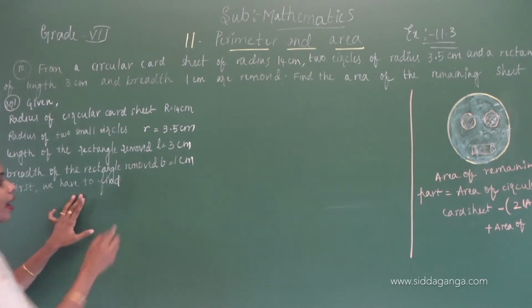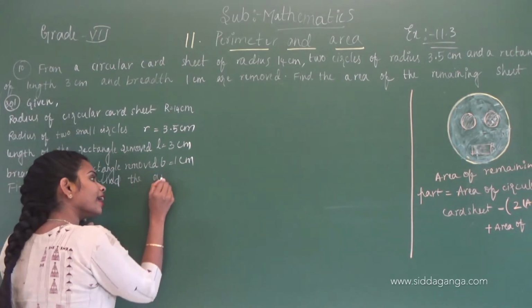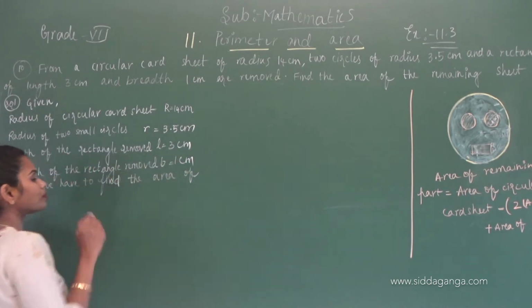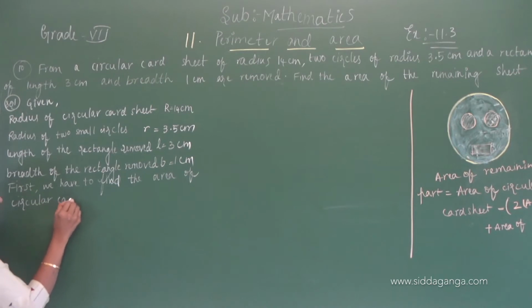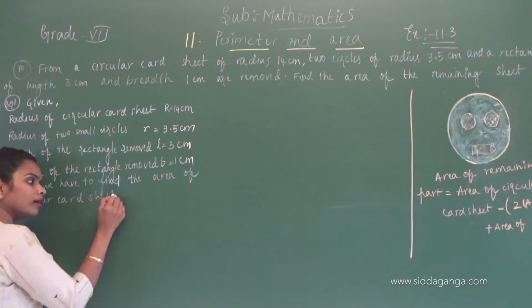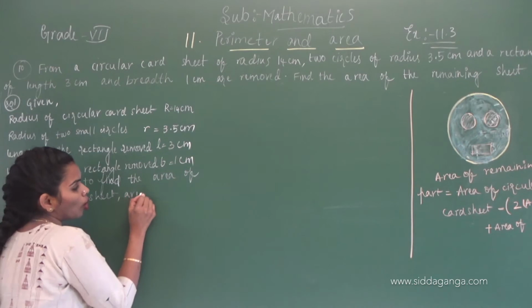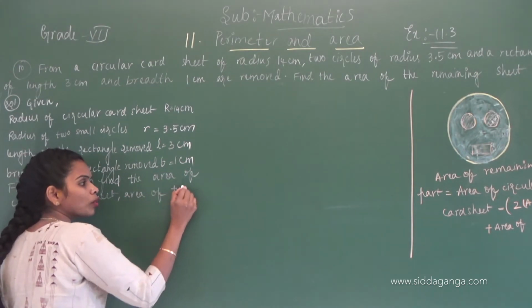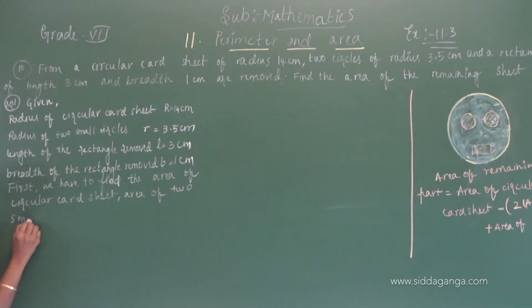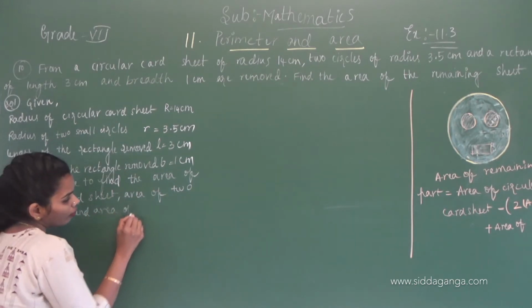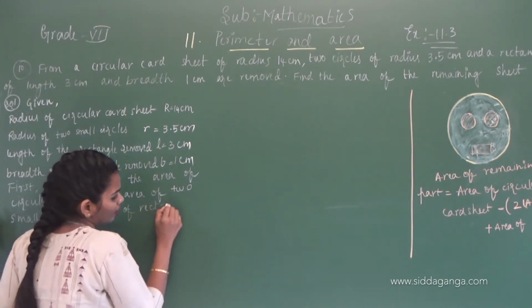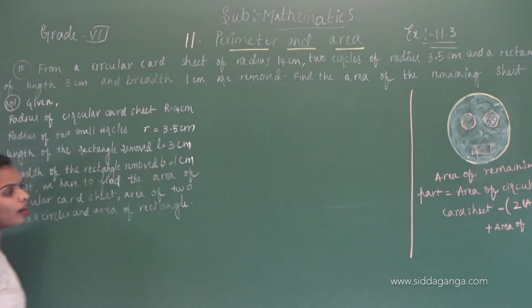First we have to find the area of circular card sheet, area of two small circles, and area of rectangle. Area of rectangle that is going to be removed.